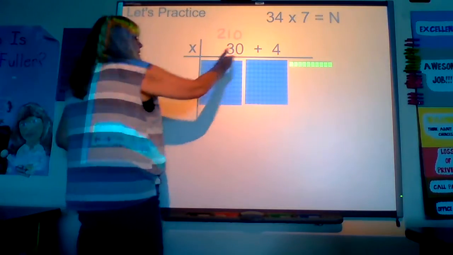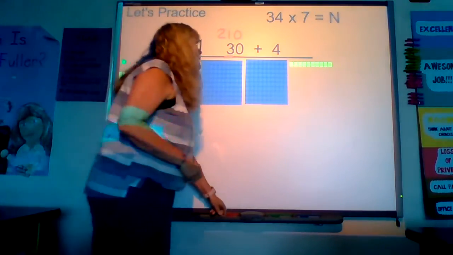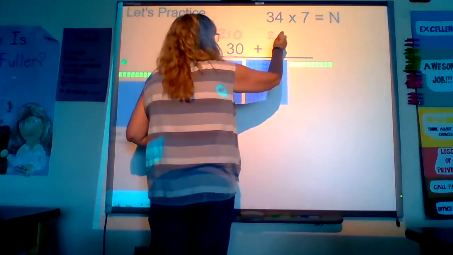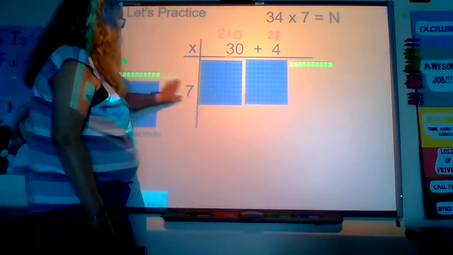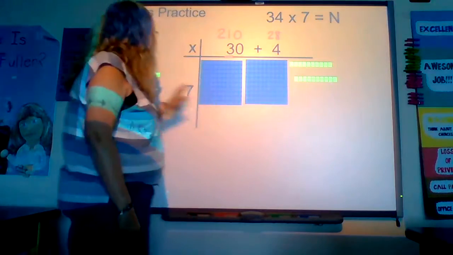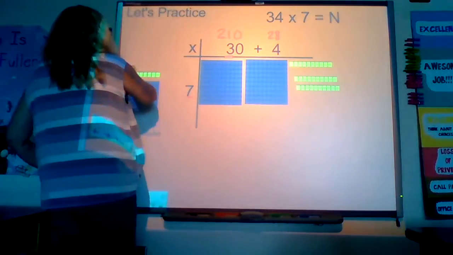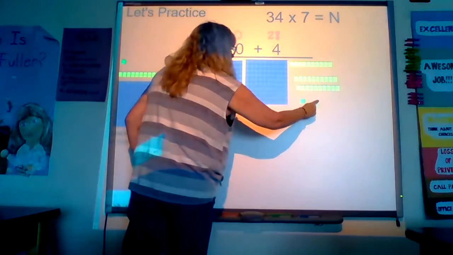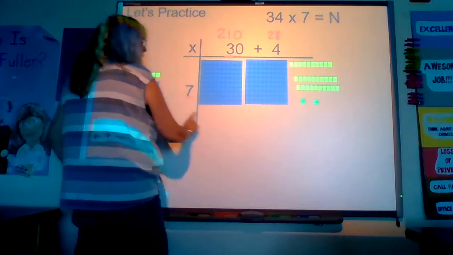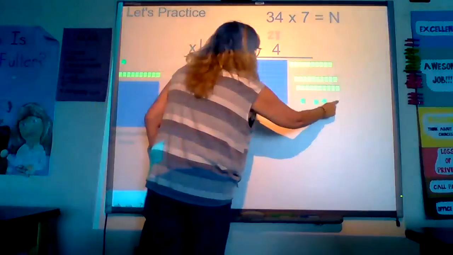Now, 7 times 4 is, you're right, it's 28. So I'm going to put 28 up here. And I'm going to bring 2 rods, 10, 20, and 4 units: 1, 2, 3, 4.